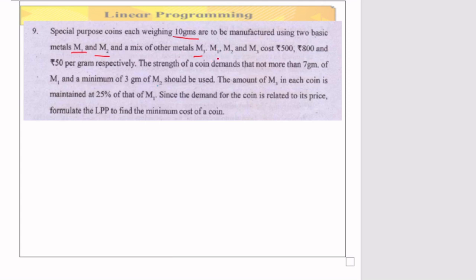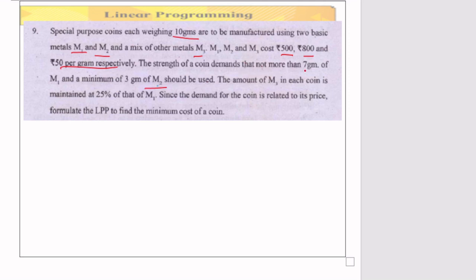What is further given? M1, M2 and M3 cost 500, 800 and 50 per gram. The strength of the coin demands that not more than 7 grams of M1, a minimum of 3 grams of M2 should be used.